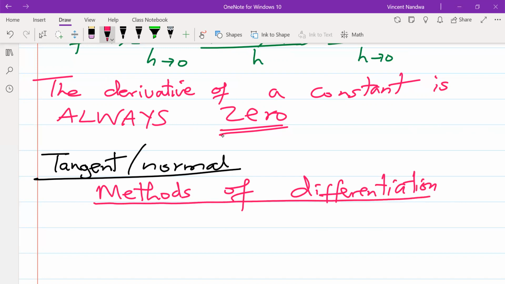So what we have been doing so far is what we call differentiation by first principle or definition.